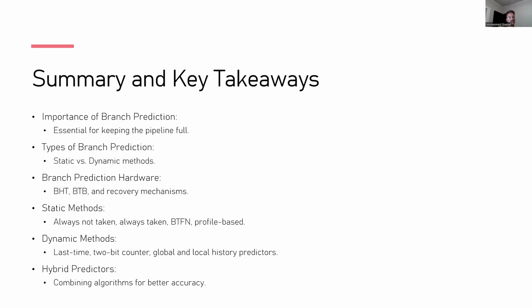Last but not least, here's a summary to take away from today's lecture. The importance of branch prediction is that it's essential for keeping the pipeline full. The types of it are static and dynamic, as we discussed. The branch prediction hardware has three types, which are the BHT, the BTB, and the recovery mechanisms.